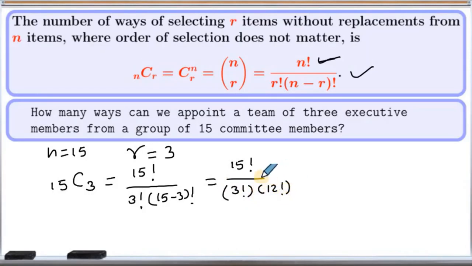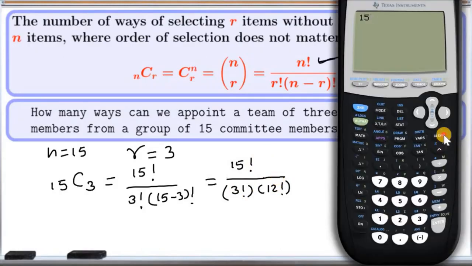So now we can punch in these numbers into our calculator and find 15 factorial over 3 factorial times 12 factorial. So we need 15 factorial in the numerator.